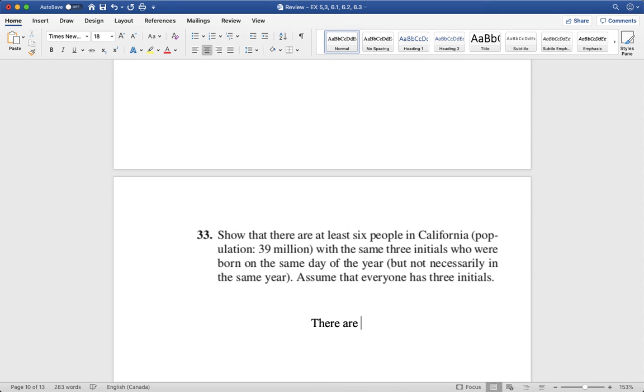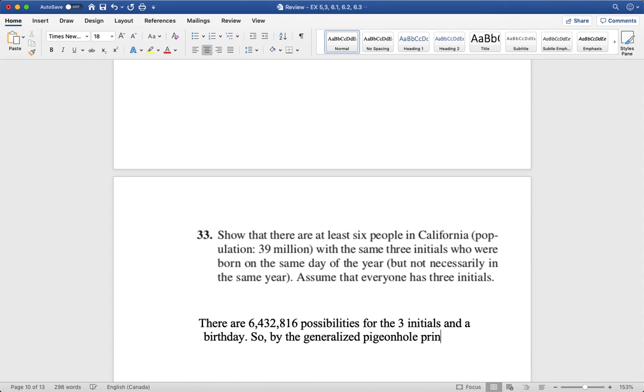So there are around 6,432,816 possibilities for the 3 initials and a birthday. All right, so by the generalized pigeonhole principle, there are at least, so the population is 39 million, right?